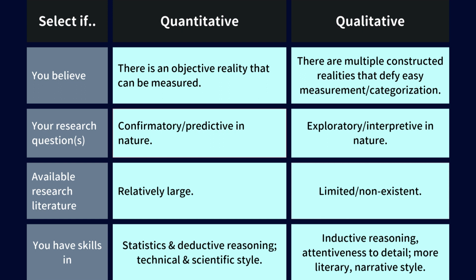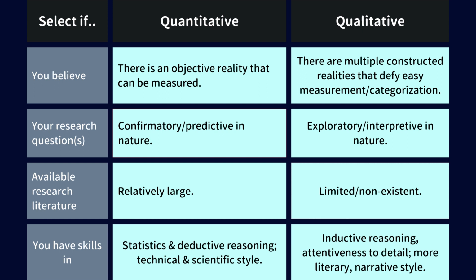Their way of coming up with the research question is confirmatory or predictive, because they want to confirm whether a certain theory is applicable or not, whether that particular theory is good or not. Apart from that, when they are looking at the research literature, usually it must be large.